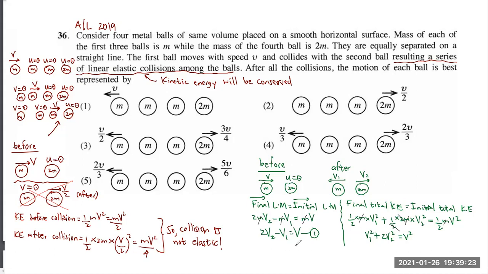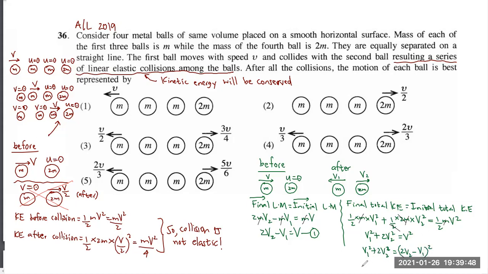We found an equation before, this one. What if I substitute that here? Let's try substituting it here. It's V1 squared plus 2V2 squared equal to V squared. What is V squared? It is 2V2 minus V1, squared.